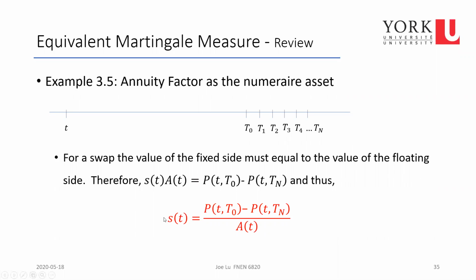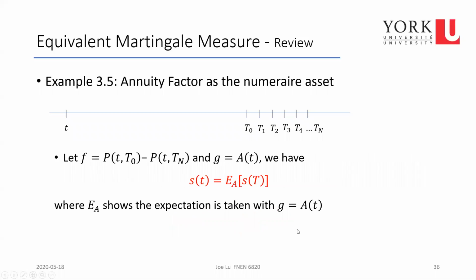Basically, S_T, the swap rate, is this thing divided by the annuity. Because we established the ratio, we call this F, and the annuity G. Then we establish that the forward swap rate is really the expected realized swap rate in the future.